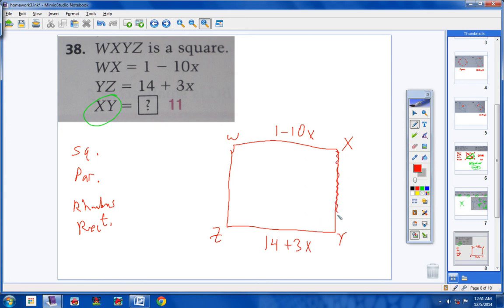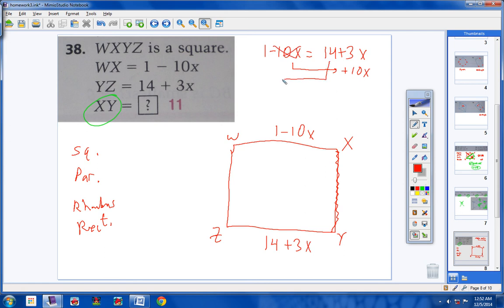Now remember, in a square, all of your sides are congruent. So I can take this side here and set it equal to this side here, because the square has 4 congruent sides. So let's solve this quickly. I'm going to bring the 10x over and make it a positive 10x. Okay, now it's gone.